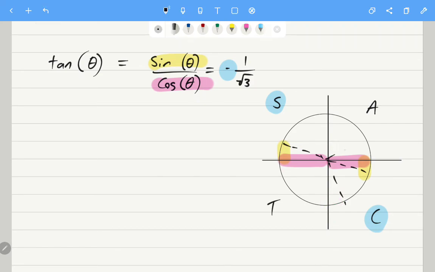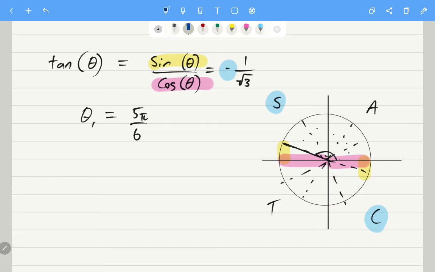Now let's draw in all of our pi on 6th angles, and we will count them up. So the first solution we had was this one over here. That is going to be 1, 2, 3, 4, 5. Theta 1 equals 5 pi on 6.